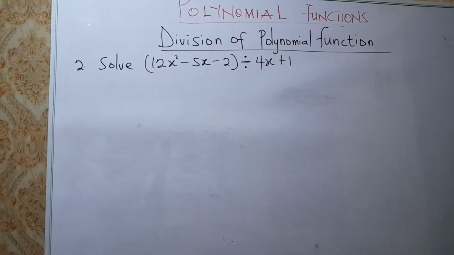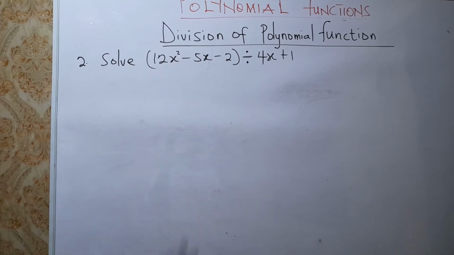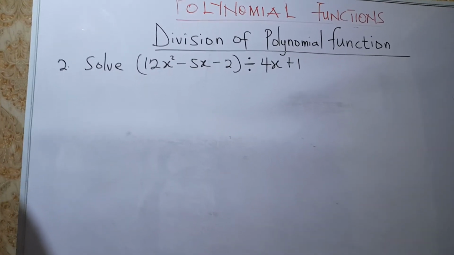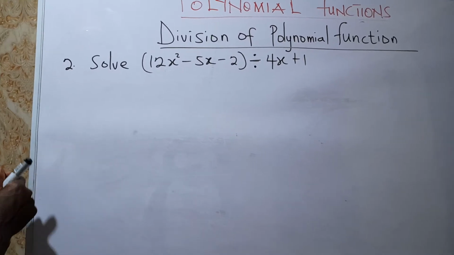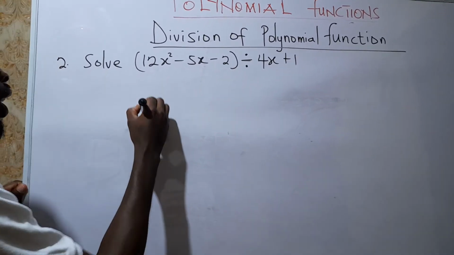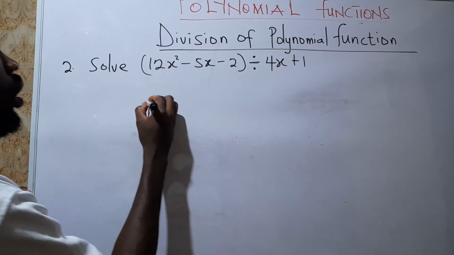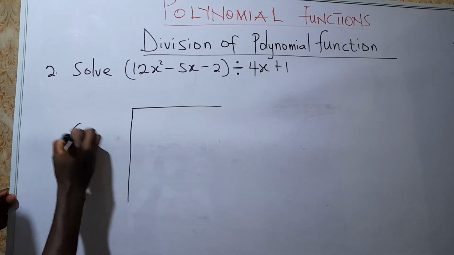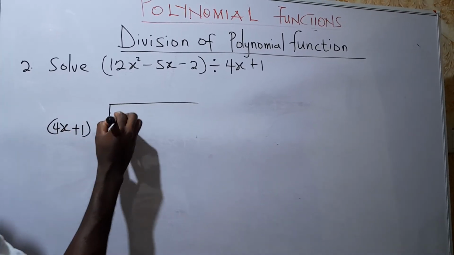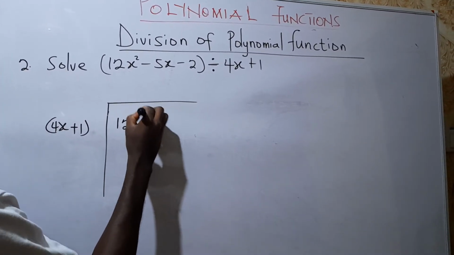So let's see our second question. Let's solve 12x squared minus 5x minus 2 divided by 4x plus 1. So how do we do that? Remember, this is the dividend and that's the divisor. So with our long division sign, we have our divisor outside and the dividend inside.